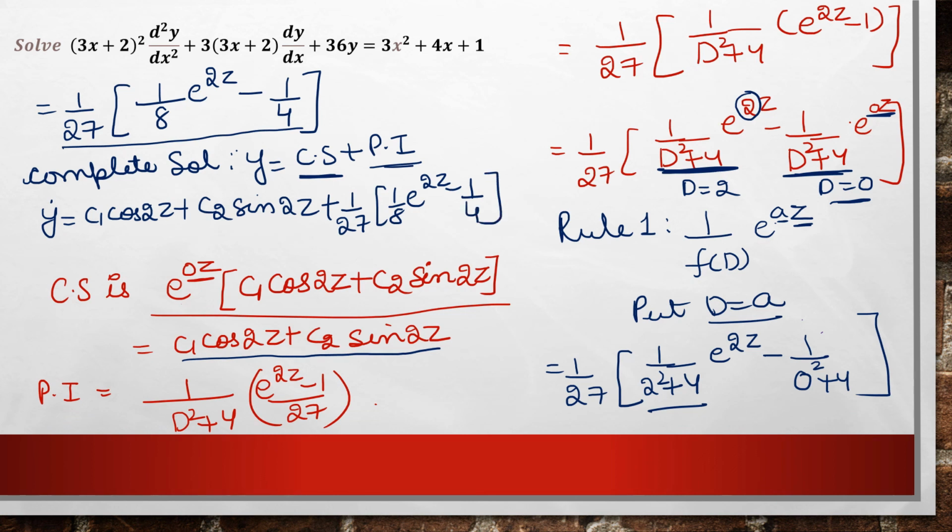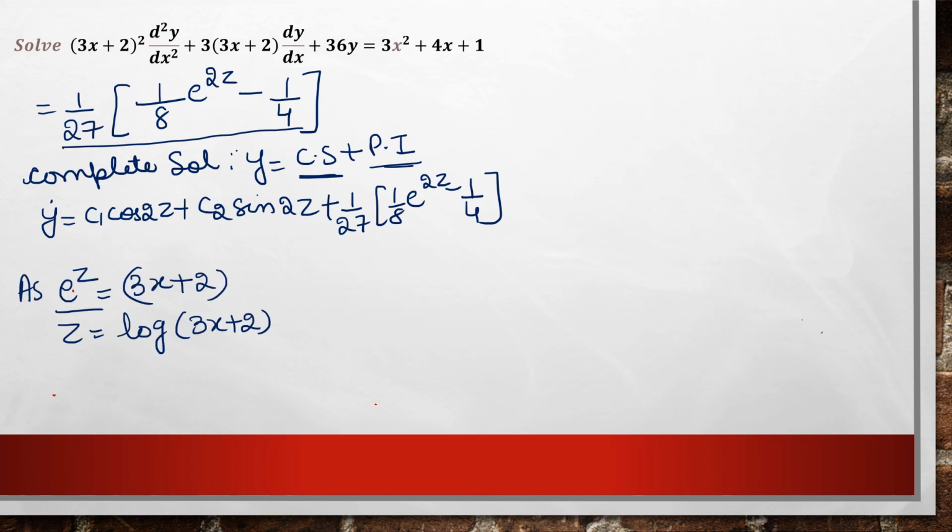Now is it a final answer? No, this is not a final answer because the question was in the form of x and y, so the answer has to be in the form of x and y. Okay, so as e power z was 3x plus 2, so z will be log of 3x plus 2. So wherever you have z, put this thing. Okay, so your y will be equals to c1 cos 2.